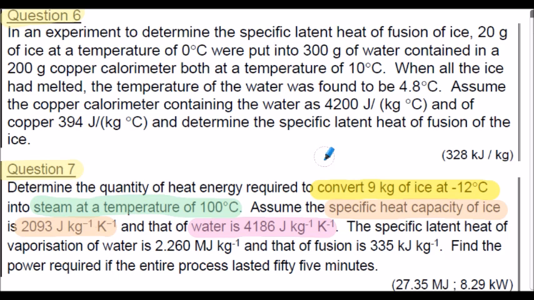And then finally we have to change the water at 100 degrees C into steam at 100 degrees C, so that's another latent heat problem. So a slightly more complicated process in question 7. Again, as always, I'd encourage you to sketch a time energy diagram to show the various stages of the process. Answers to the various questions are stated in the brackets here.